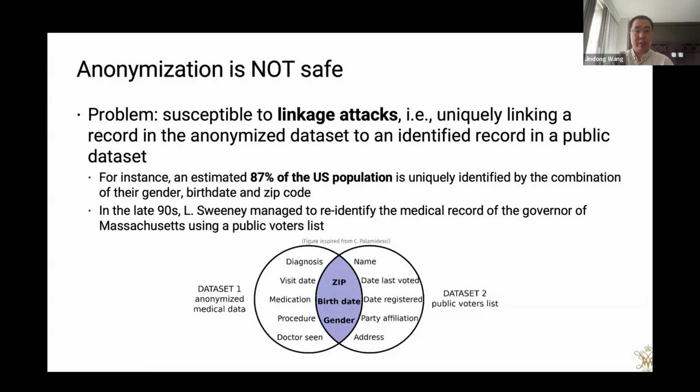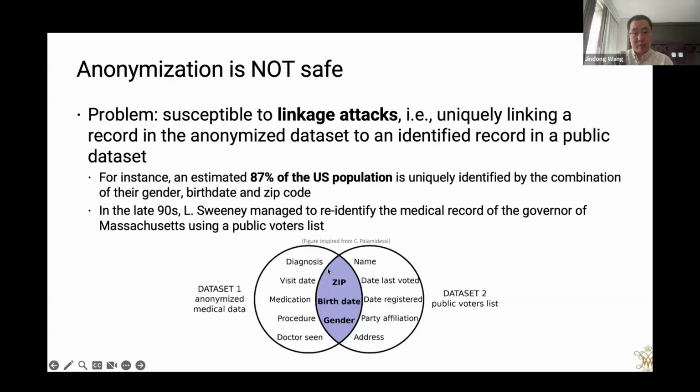So in the late 90s, this team managed to re-identify the medical record of the governor of Massachusetts, William Weld, using a public voter list. The voter list is public because you're a voter. And they linked those two datasets. Dataset one is your anonymized medical data, and dataset two is the public voter list.